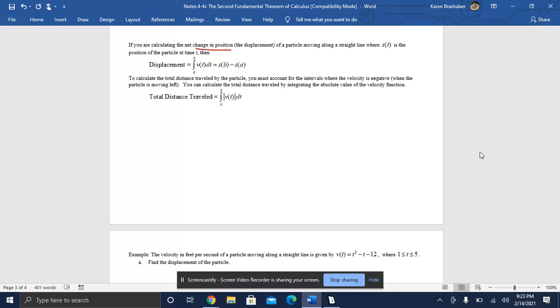And so again, you are integrating the rate. This rate happens to be the velocity. So once again, integrate the rate. And the rate in this case is v of t.